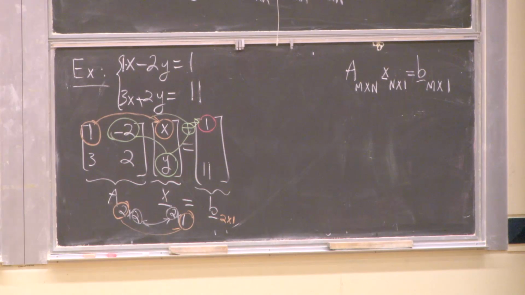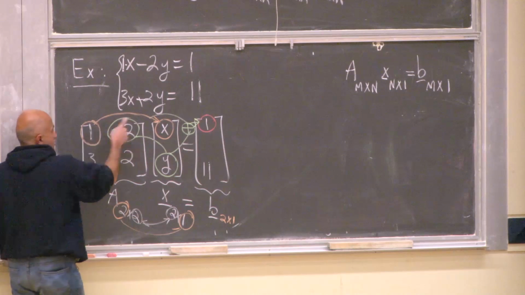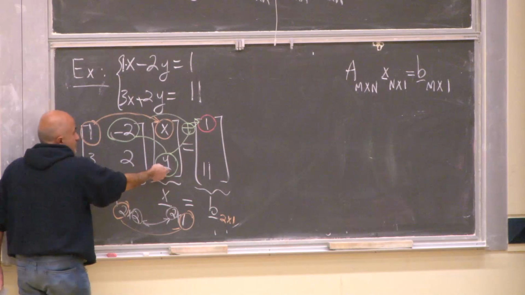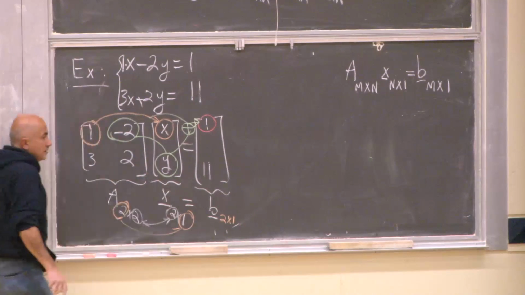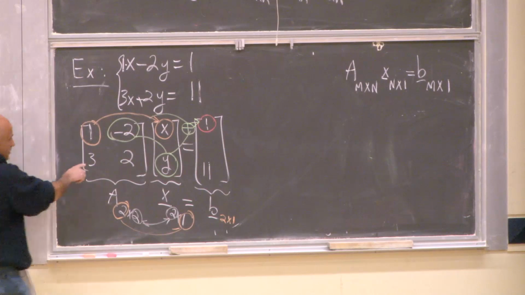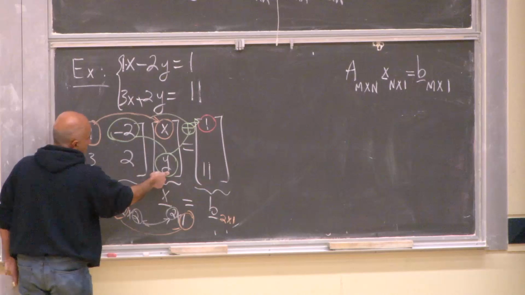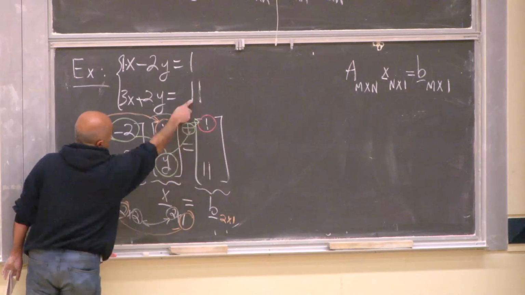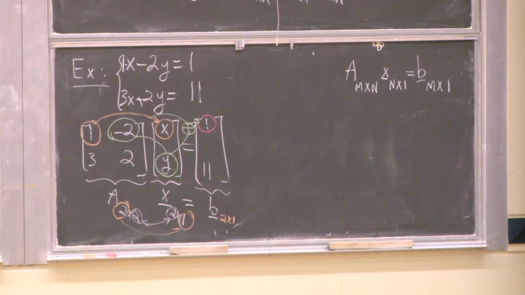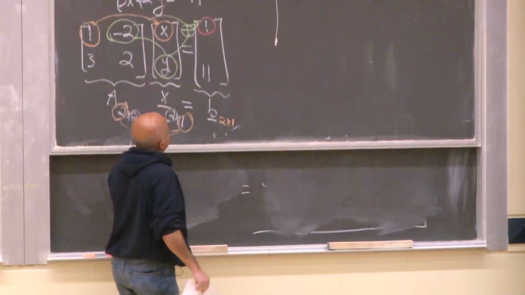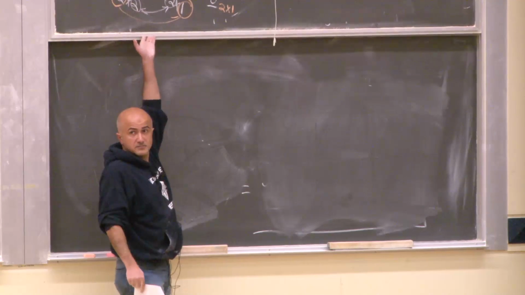So this entry times the first entry, the next entry on the first row times this entry gives you the first entry up here. And the same is true for the other one. So 3 times x plus 2 times y gives you 11. So that's how we formulate these matrix vector multiplications. In general, any questions on what I've done?